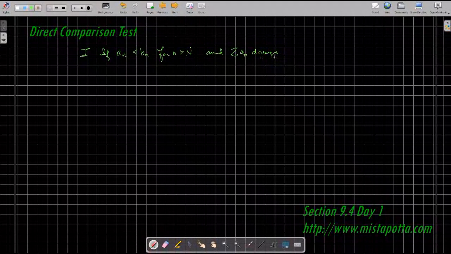If this sum diverges, then the sum of B sub n also has to diverge.